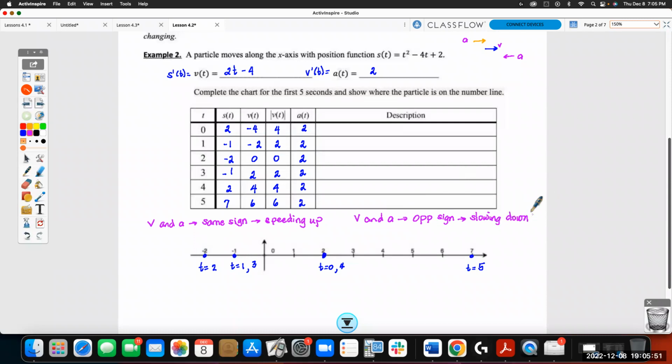Okay, so let's apply that here. We're looking at the velocity and the acceleration. At time t equals 0, your velocity is negative. So that means that the particle moves left.